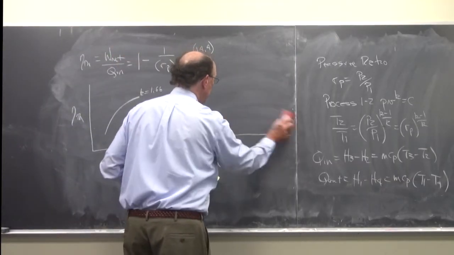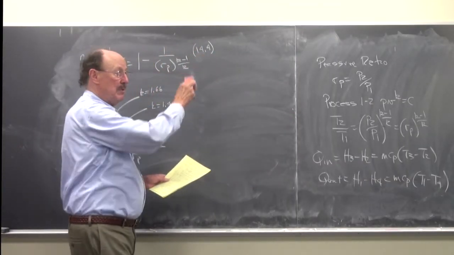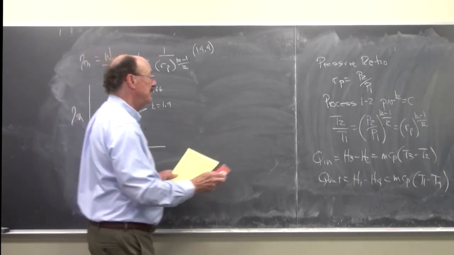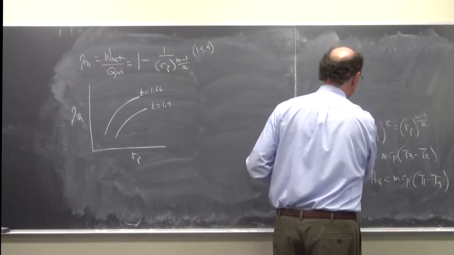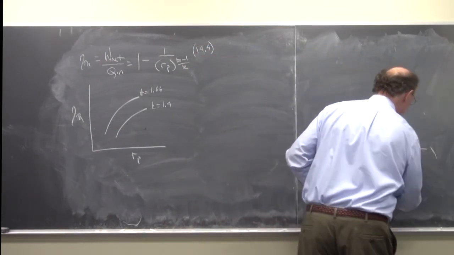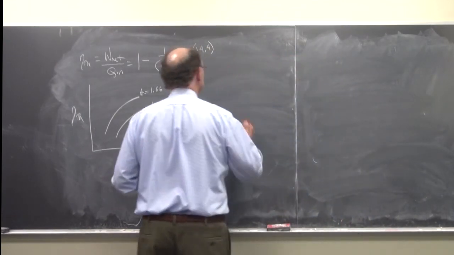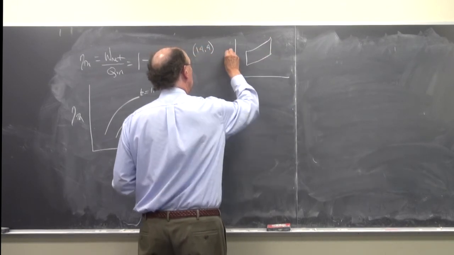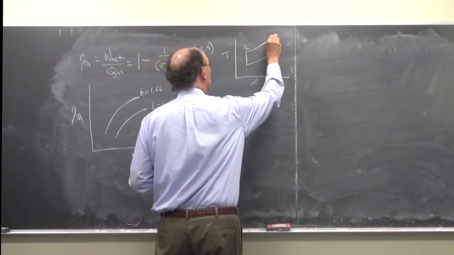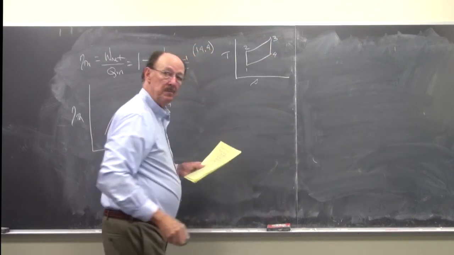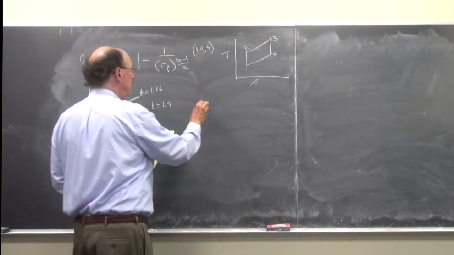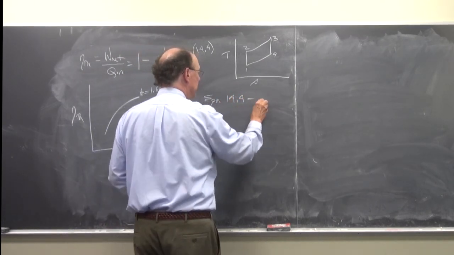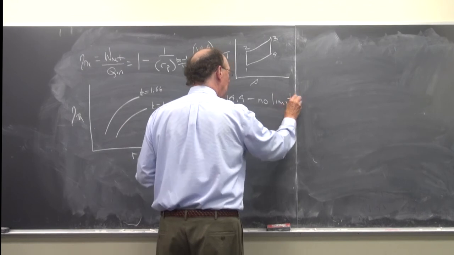So when I look at equation 14.4, this has no limitation on the upper temperature, on T3. So I just erased that. So I'll draw it quickly back again. That often happens. So if I look at the TS diagram, equation 14.4, no limit on T3.